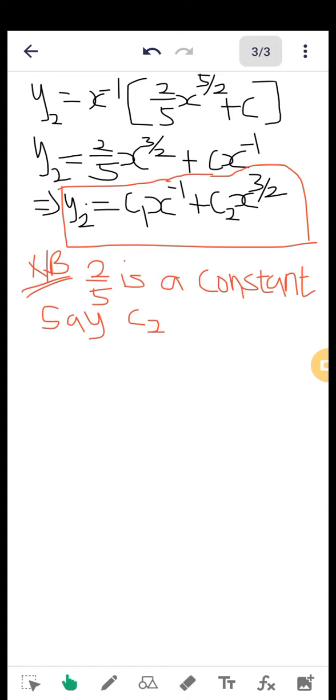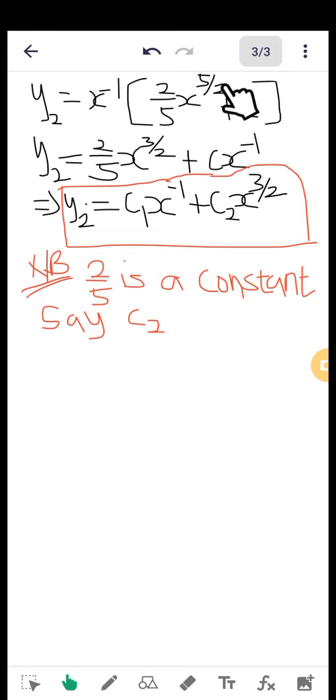Then after that, we try to multiply 2 by x exponent minus 1. So x exponent minus 1 times this 2 over 5 x exponent 5 over 2, we are getting 2 over 5 x exponent 3 over 2, because they are of the same base x. So we try to add their exponents.